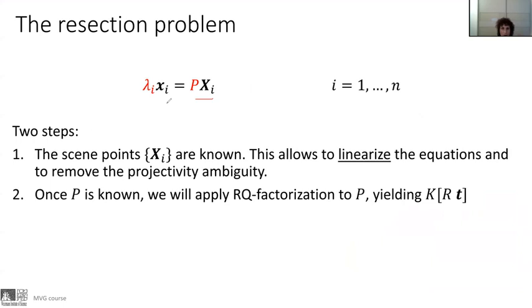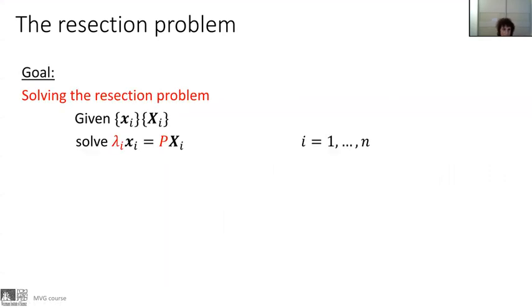From here, we are going to calculate the camera matrix by some algorithm, which is a linearization of the equations. In a minute, you will see what I mean by that. So I have little xi and capital Xi, and I would like to calculate the single camera matrix P, and as a byproduct, I'll also get the lambda i. Once I have this, you will see a way to extract from P the calibration matrix K. But let's concentrate first on the first step of the algorithm.